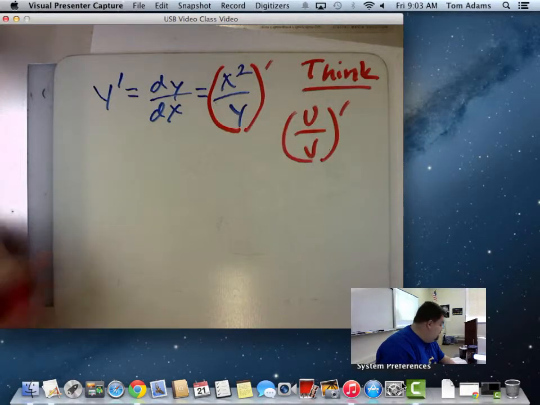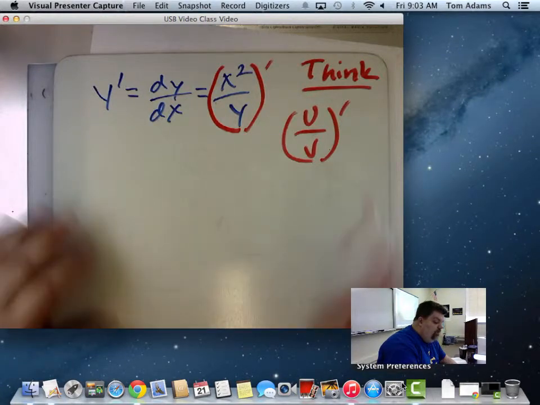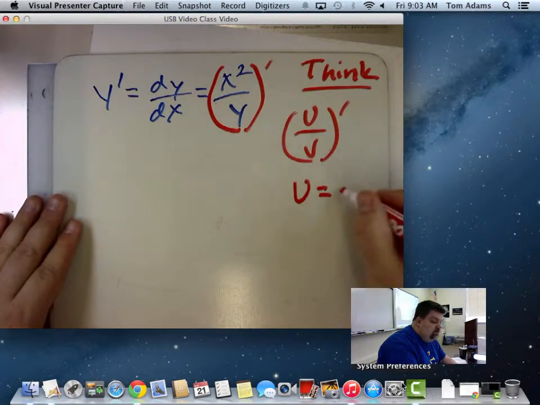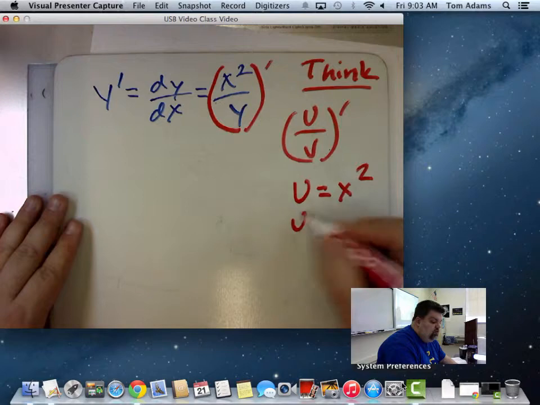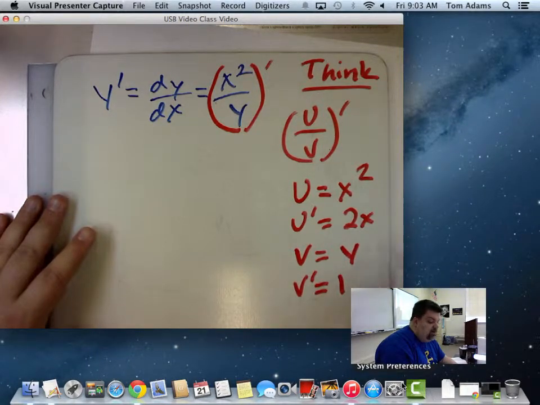Well, that's the quotient rule, right? So then u is equal to x squared. u prime would be 2x, and v then would be y, and then v prime would be 1. But remember, we've got to say 1 dy/dx.